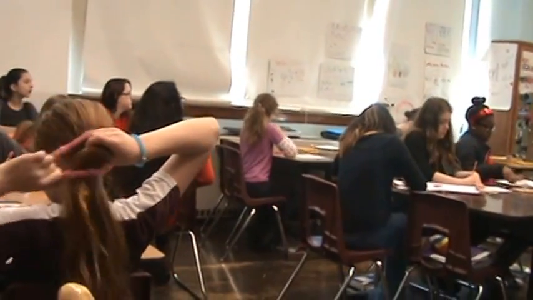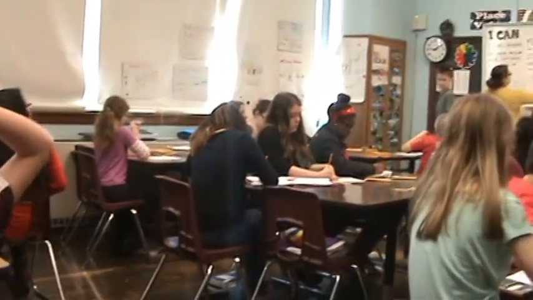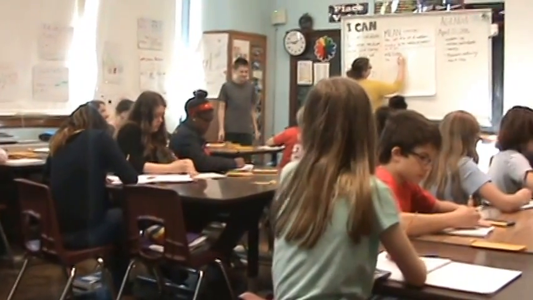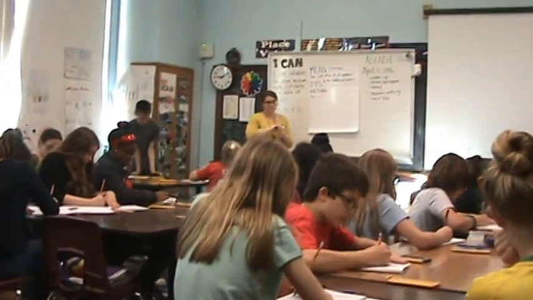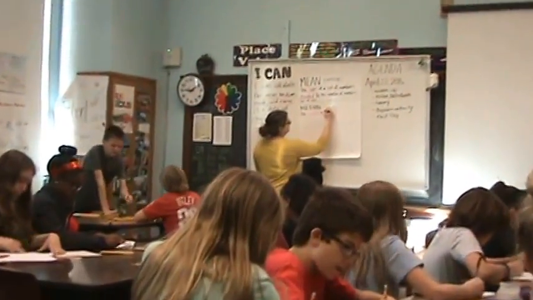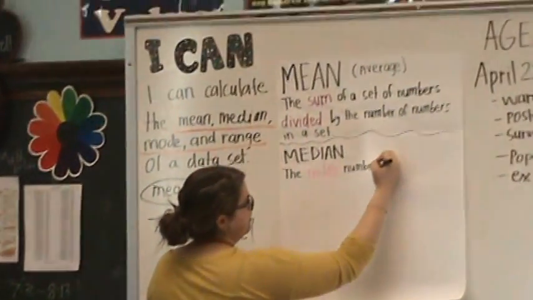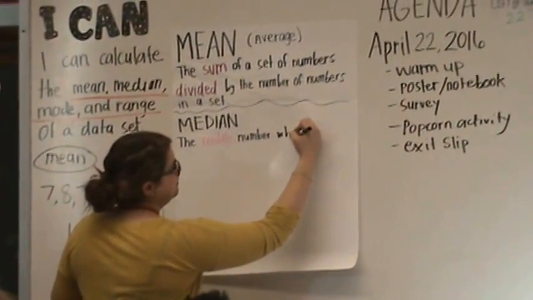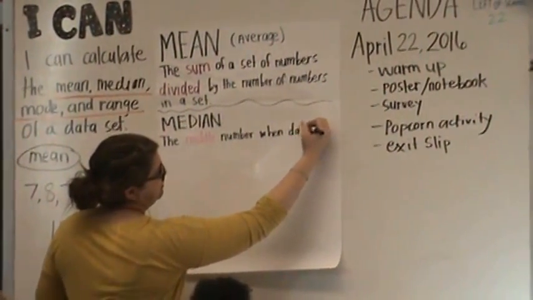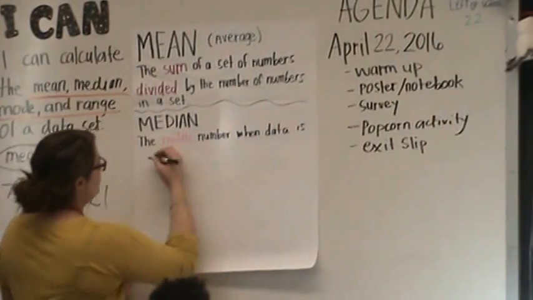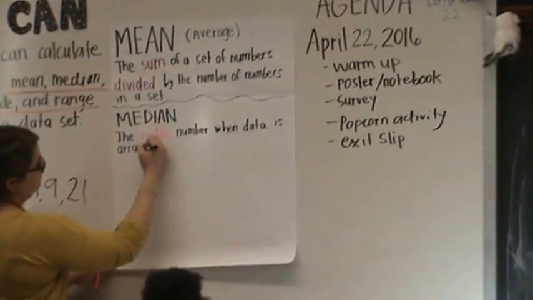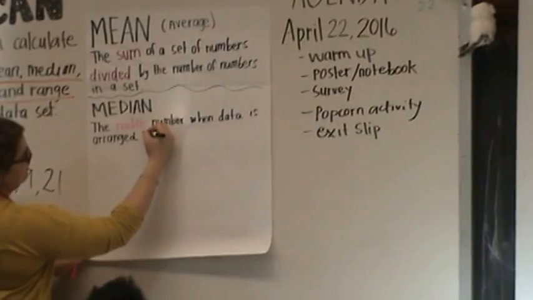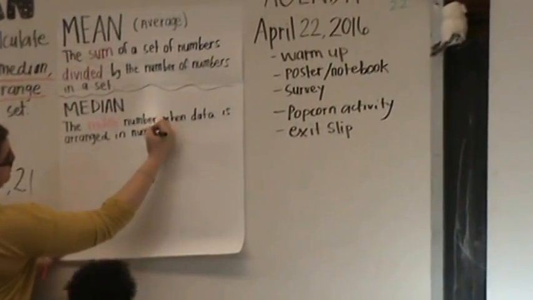So the median is the middle number when data is arranged in numerical order.